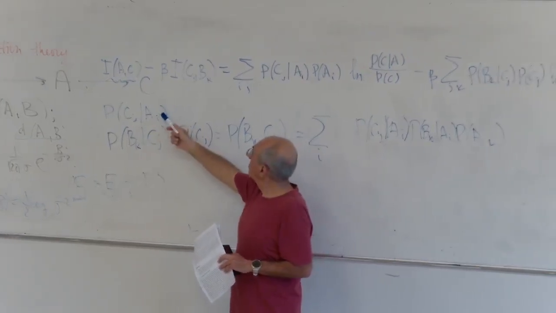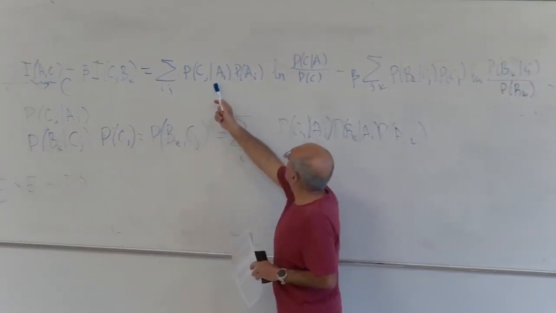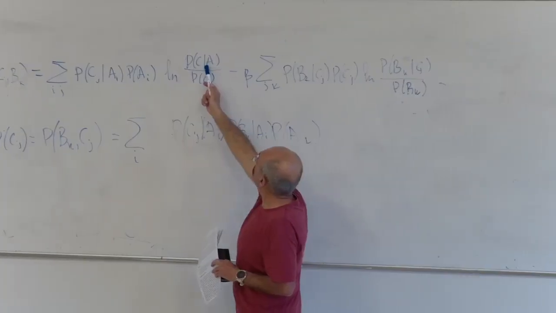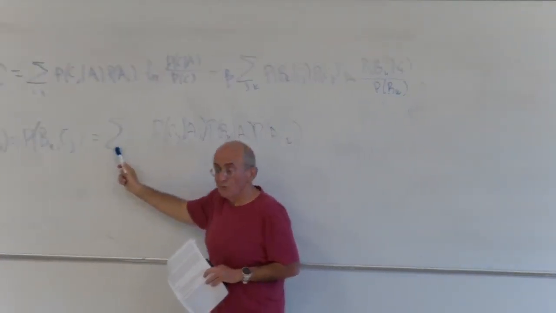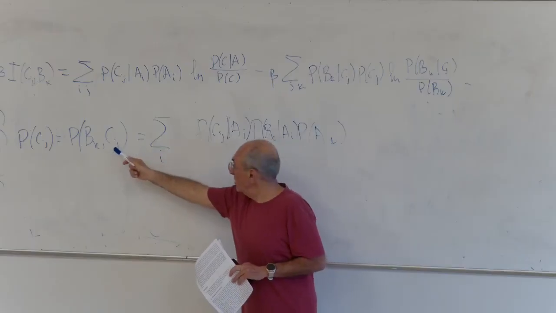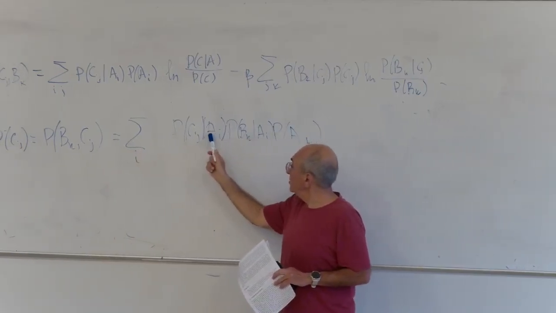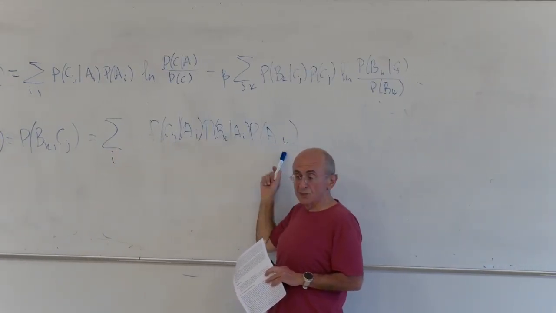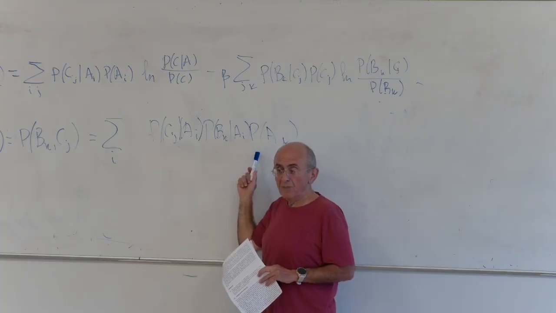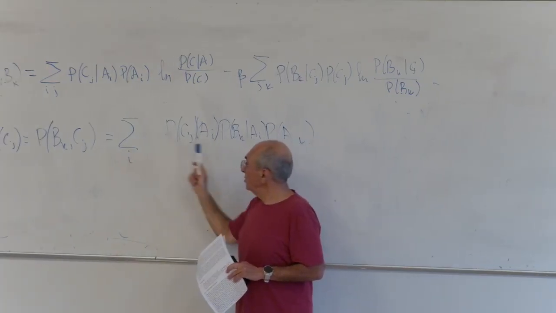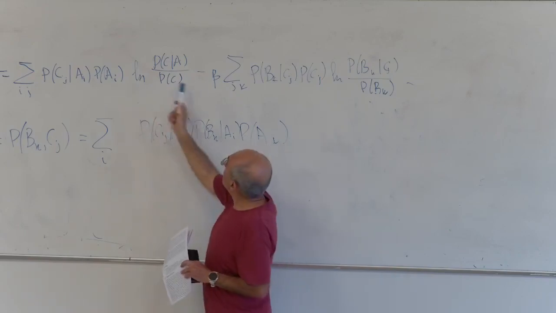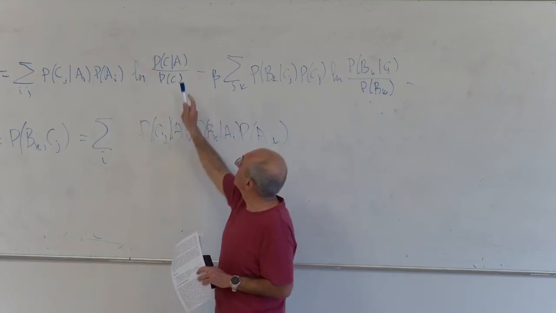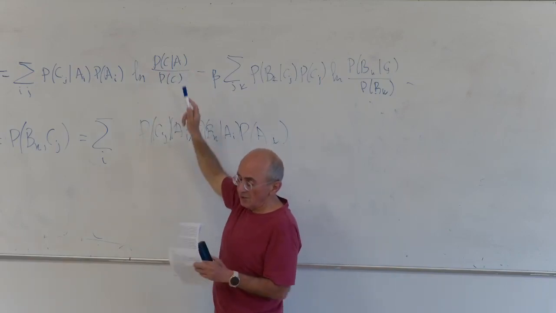So when I differentiate with respect to P of C, I will differentiate this, and when I differentiate this, I will use this formula. So the relation here is linear, so the derivative is linear. But this formula is not linear with respect to P of C given A. Right?